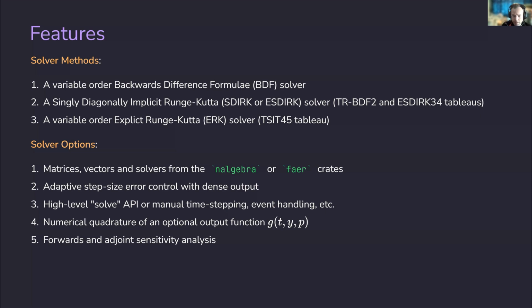But you can also manually step the time and deal with things like events by mutating the state and stopping at particular times and things like that. You can supply an optional output function, G, which you can integrate over time as well as the ODE equations. And you can also perform forwards and adjoint sensitivity analysis as well.